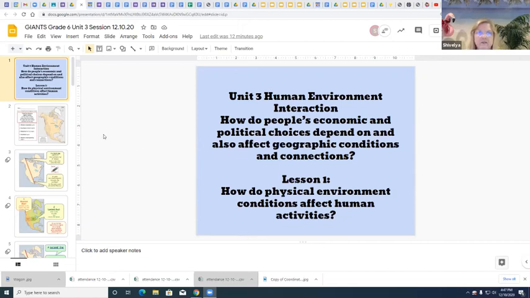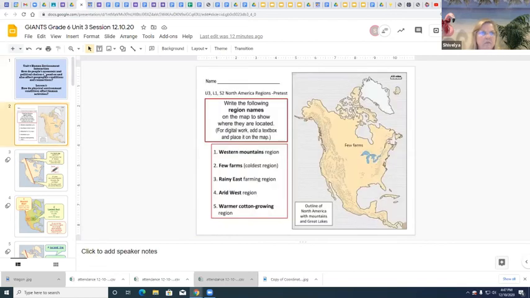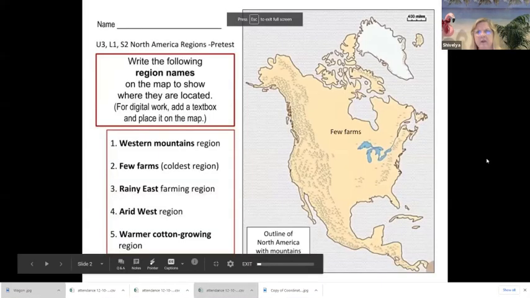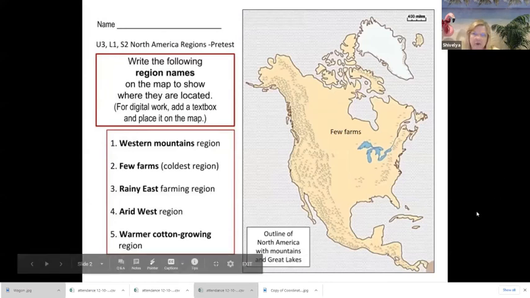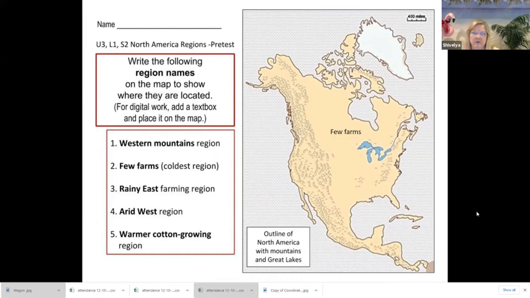So we start out, let me go to present mode so it's a little bit bigger, with a pre-test for kids. The reason we do that is because if they're in the younger grades, like 4th and 5th grade, then they may have had the opportunity to take a look at some of the different regions of the United States.